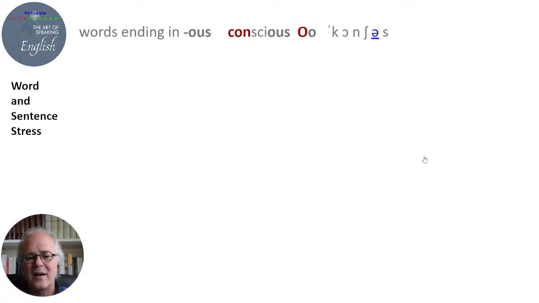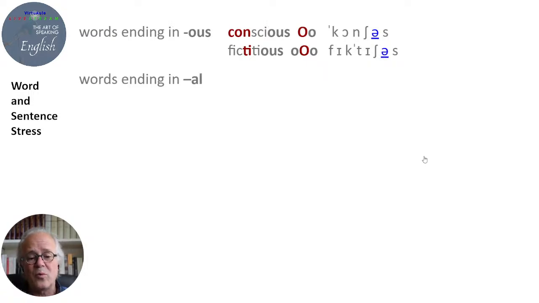You see that conscious, the last syllable, C-I-O-U-S, is reduced to two different sounds, the schwa and the S. The same with fictitious. So this is a pattern that we can see. When we see the spelling of O-U-S, we can imagine that that's going to be a schwa.